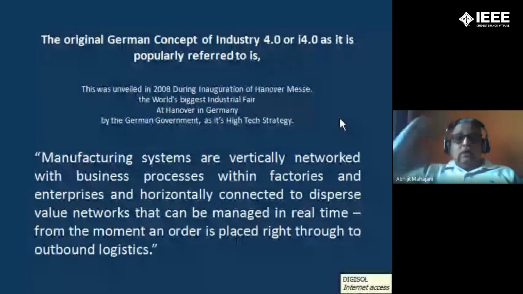And the crux here is knowing the state of your business in real time, all the time. Right now, you have ERP, MRP, and all those things which connect everything else other than the shop floor. But the real value addition in any business takes place on the shop floor.